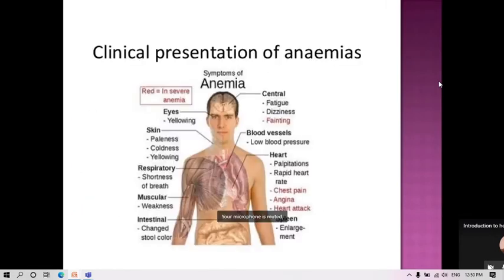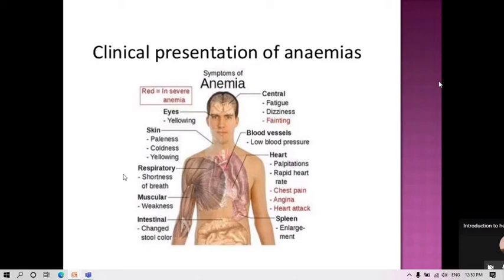So this is the clinical presentation of anemia. It depends on what the underlying cause is. If there is iron deficiency anemia, the patient will present to you with complaints of easy fatigue, dizziness, and fainting.